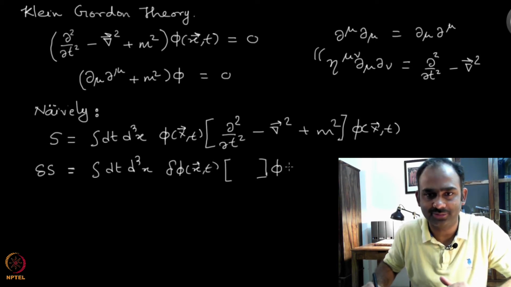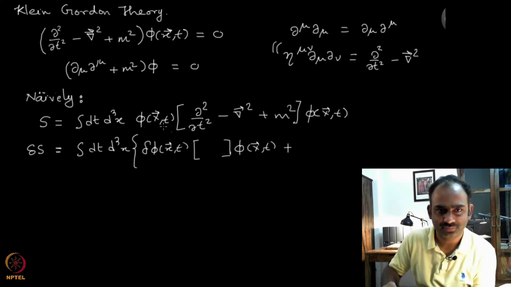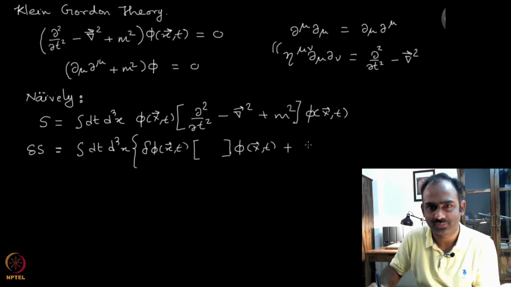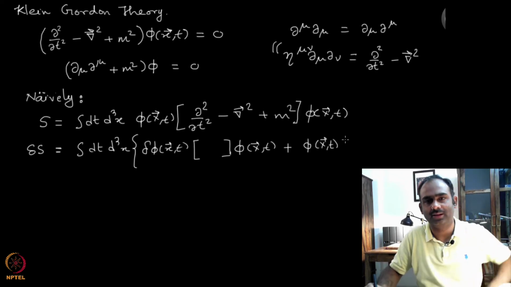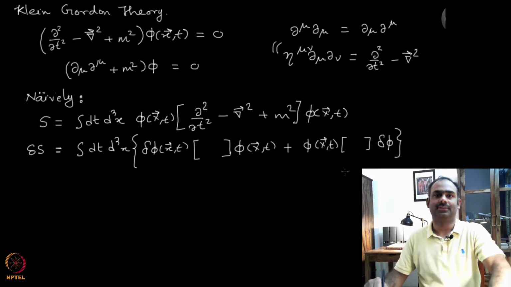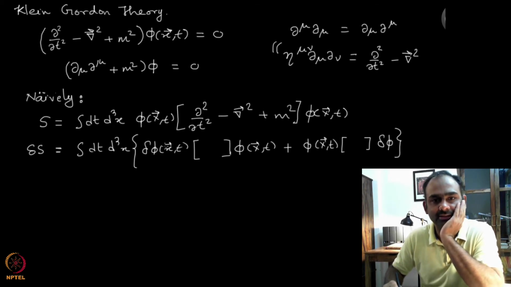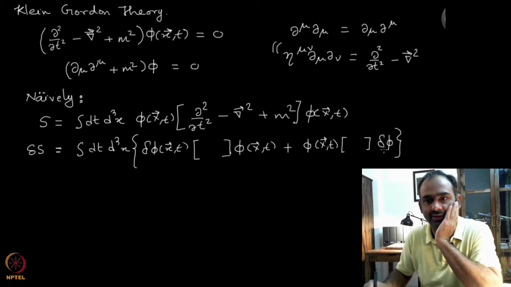It is understood that I have to put that operator here, plus this field phi, and then we have this operator again and delta phi. So the operator now acts on delta phi. Here this is good, but in this case the operator is acting on delta phi.